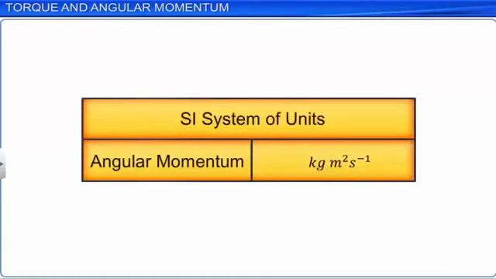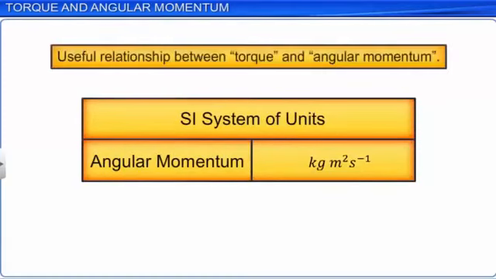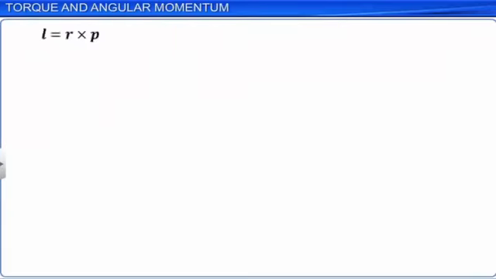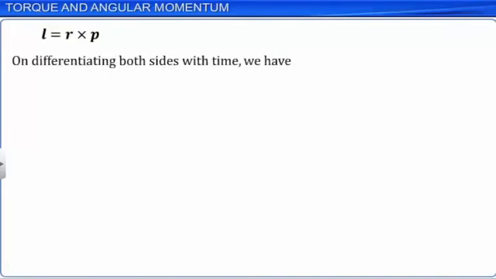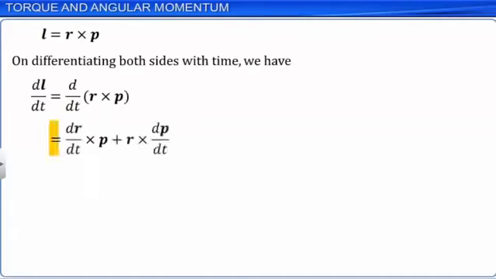We can find a useful relationship between torque and angular momentum. We have L is equal to r cross p. On differentiating both sides with time, dL by dt is equal to d by dt of r cross p, which is equal to dr by dt cross p, plus r cross dp by dt.